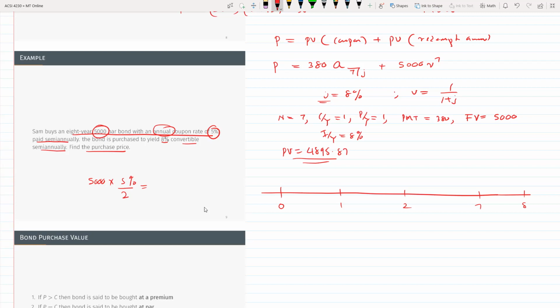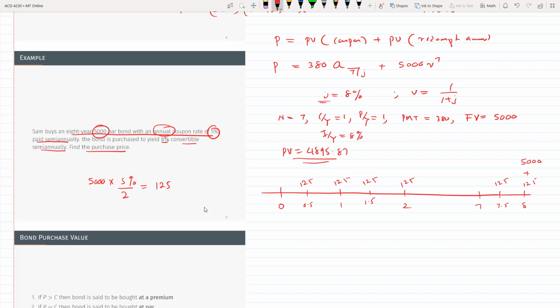So per 6 months, you are going to get 5,000 times 5% divided by 2, which is 125. Here at 0.5 you get 125, and every 6 months you get one coupon, and so forth. At the end of the eighth year, you will get the coupon plus the redemption amount, which is 5,000.